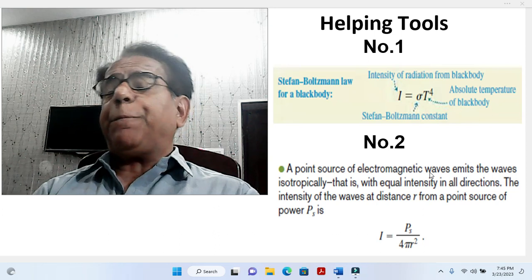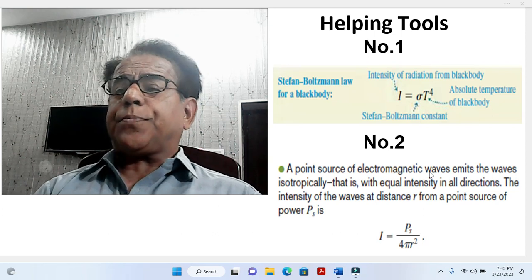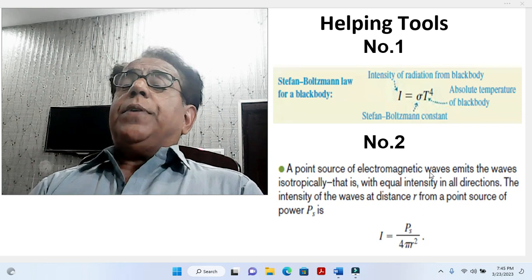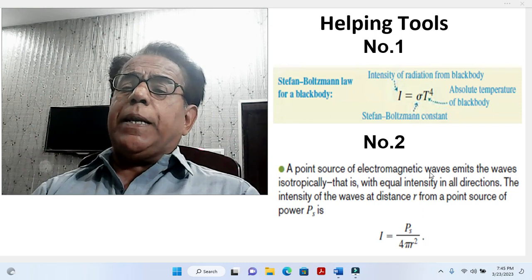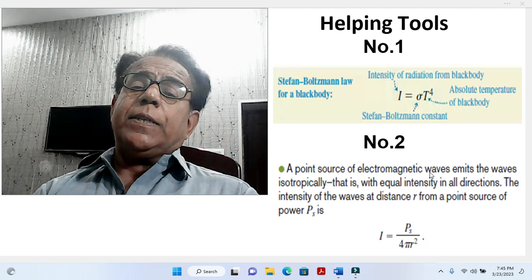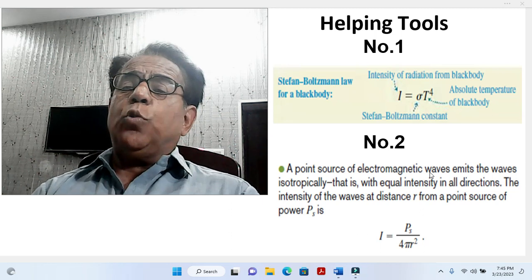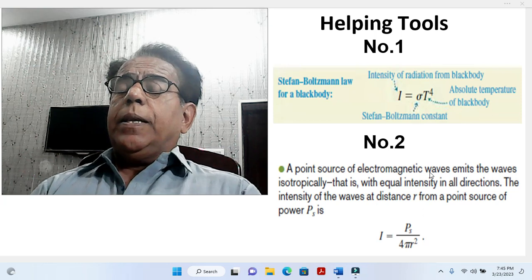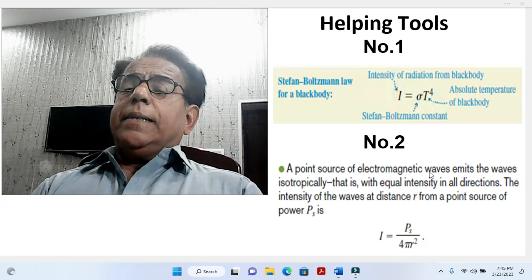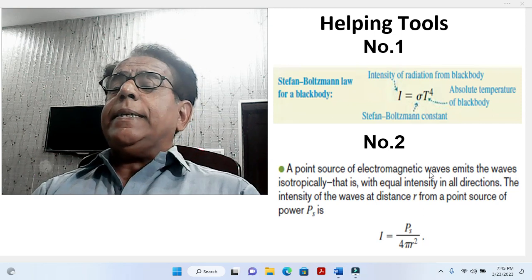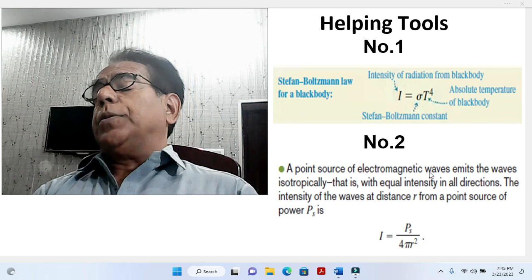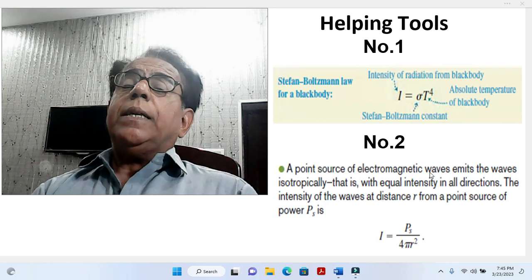First tool is a formal definition of Stefan Boltzmann law for a black body. This law states that I is equal to sigma T raised to the power 4, T being temperature in Kelvin.